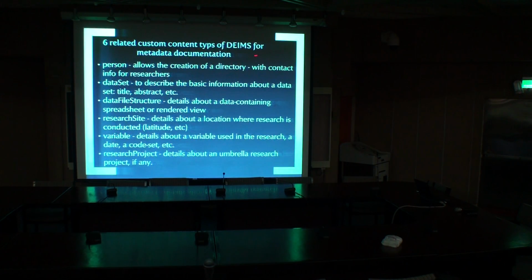And DEIMS creates six related content types, like persons and data sets. Persons allows creation of contact information of each researcher in each plot. Data sets describe the basic information of the data, like the title, abstract, etc. Data file structures describe the details about data contained in a spreadsheet or the raw data.